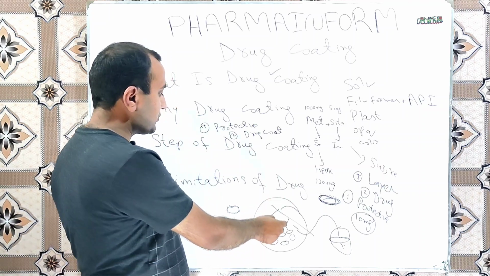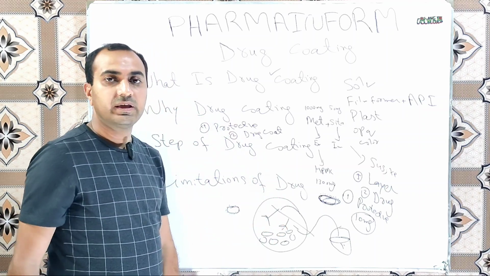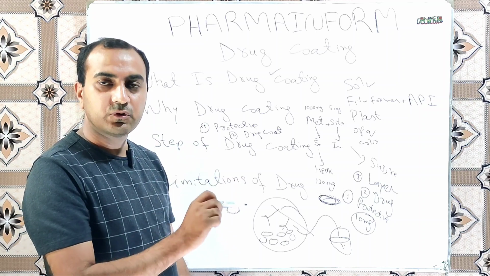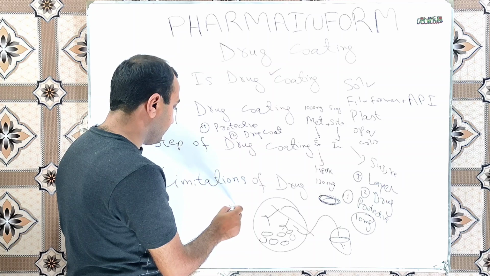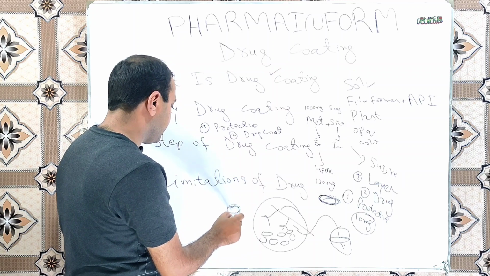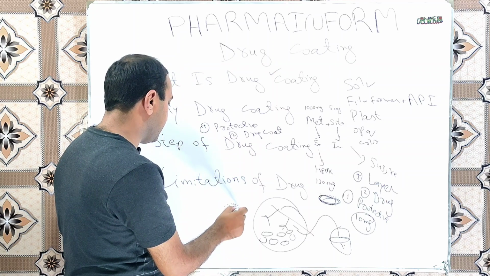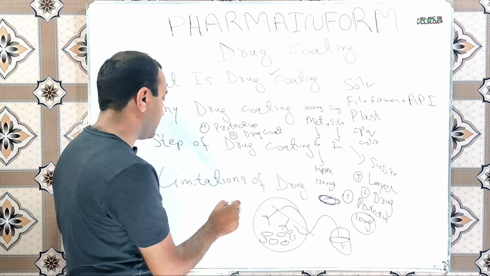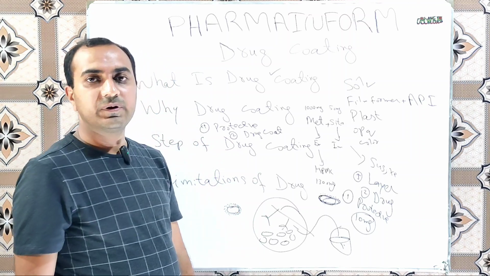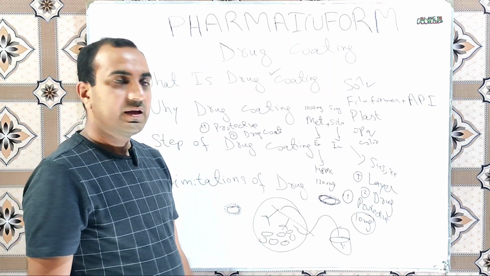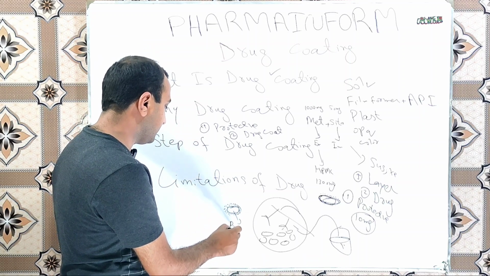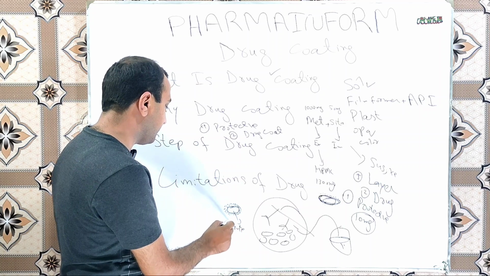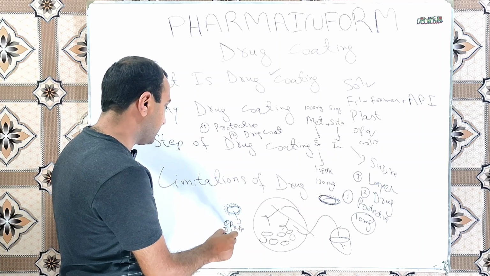Then the solvent will evaporate and solid content will be deposited over our tablet surface, and it will be the second layer in which we apply a coat of drug around our tablet, which was metformin. And now metformin tablets have two layers. One was the protective layer and the other layer is the API layer.